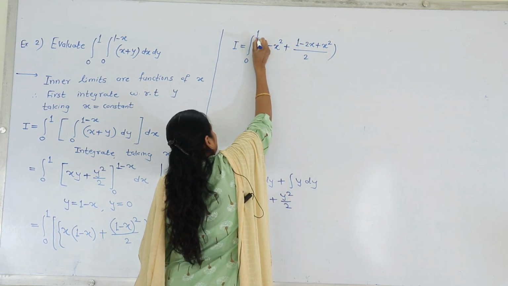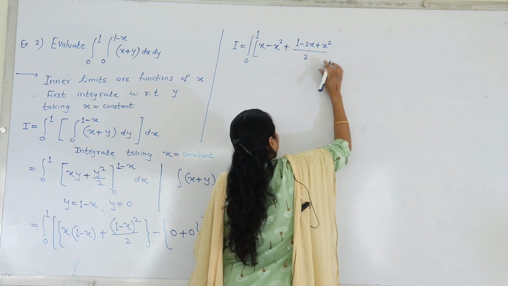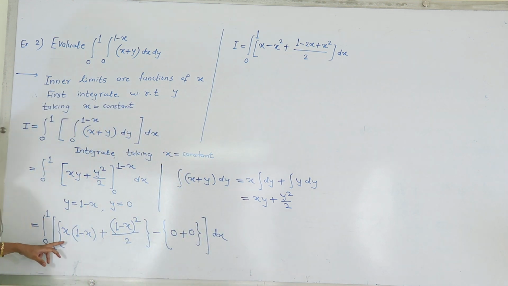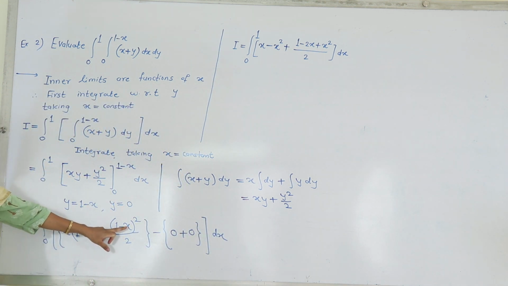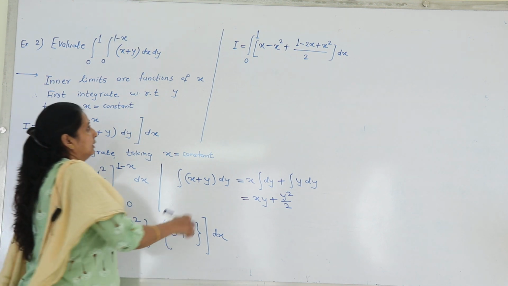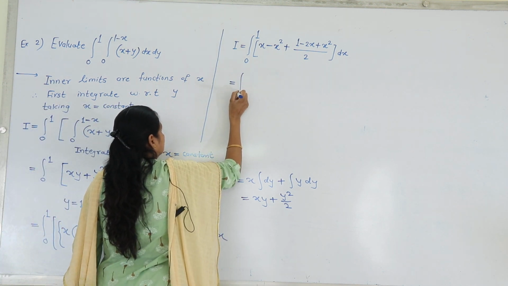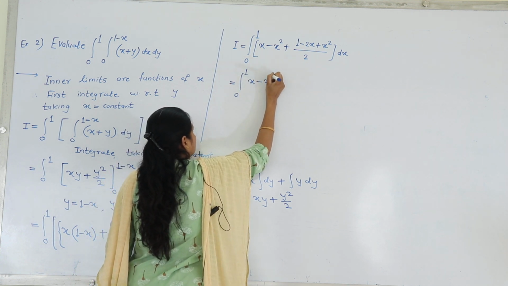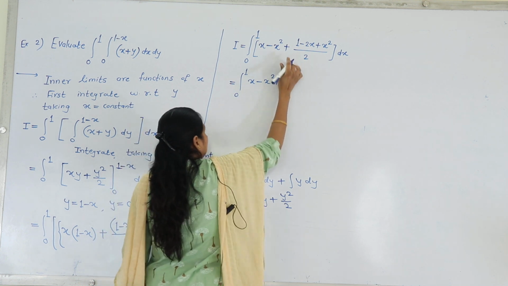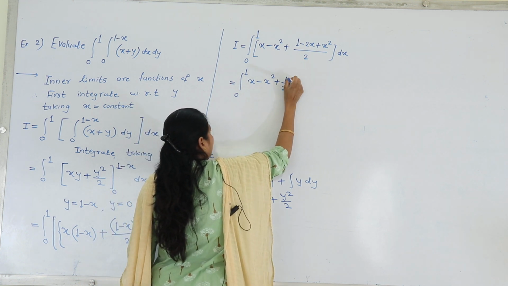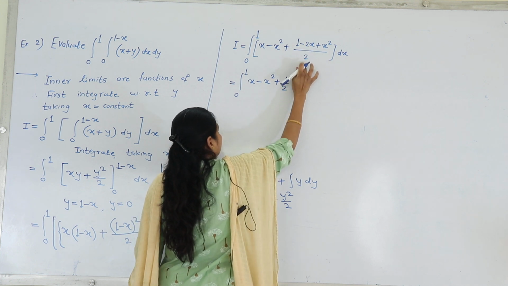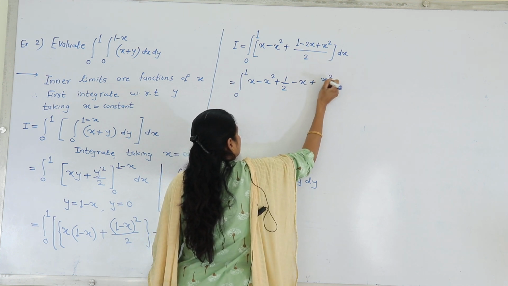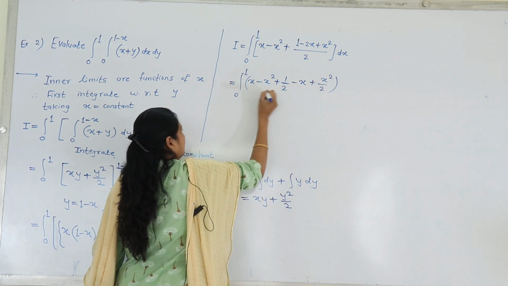And integration is with respect to x, that is dx. X minus x square plus 1 minus 2x plus x square upon 2. It is integration 0 to 1 x minus x square plus 1/2 minus 2x upon 2, means 2 cancel, that is minus x plus x square by 2 with respect to x.